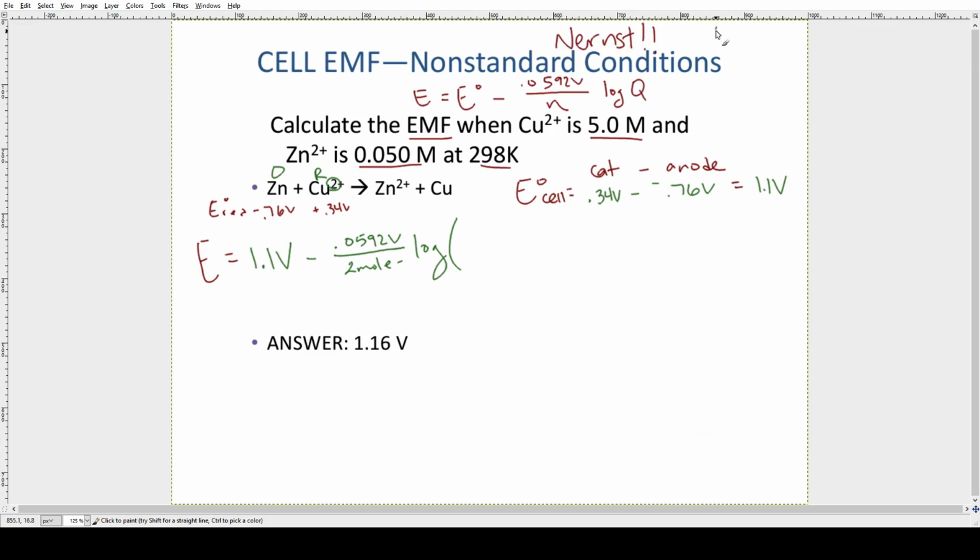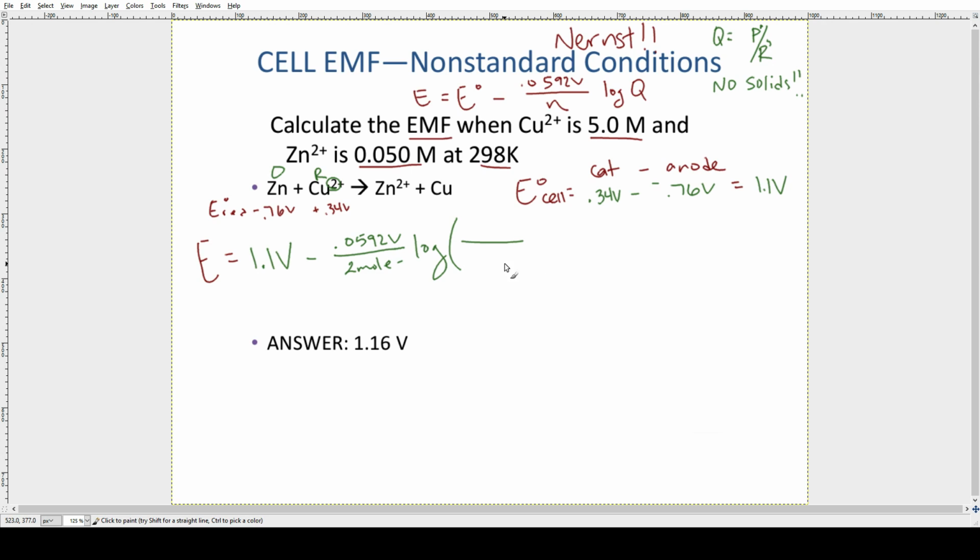Remember, Q is the products over the reactants, and then the exponents are the coefficients. This doesn't have coefficients, so that makes it easy. So when I'm solving for Q or K, do I include solids in my equation? Absolutely not. No solids. And in these equations, if it has a charge, it's not a solid. If it doesn't have a charge, it's a solid.